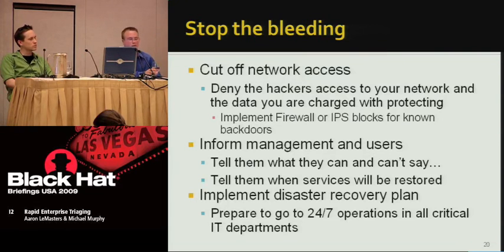Second and third pieces, obviously, are to talk to your users and get the word out. If you cut off network access at the outermost point, your email still flows internally, so you can still get messages out to people and you can still communicate. So use those things that are still in place, and then immediately start calling in all your geeks and get them working on building the retry.